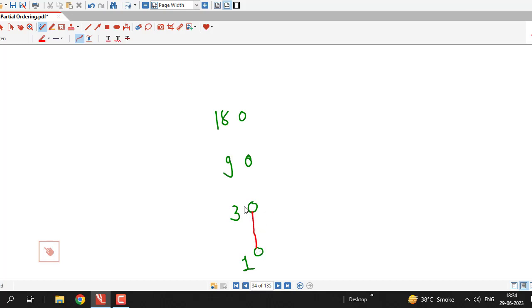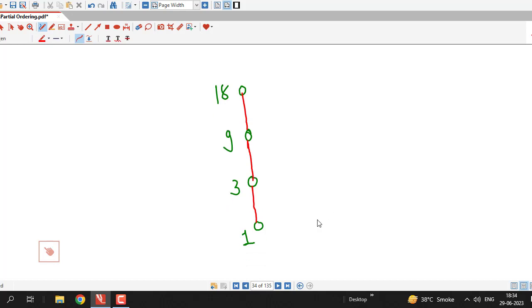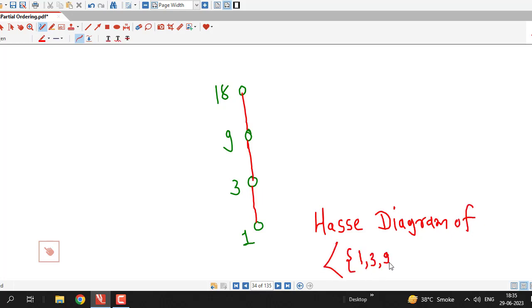Because 3 covers 1, we consider a line between 3 and 1. Similarly 9 covers 3, so we join them by a line segment. 18 covers 9, therefore we consider a line segment between 18 and 9. And this is the Hasse diagram of the given set under the divides relation. This is the Hasse diagram of the partially ordered set having 4 elements, and the relation is the divides relation.